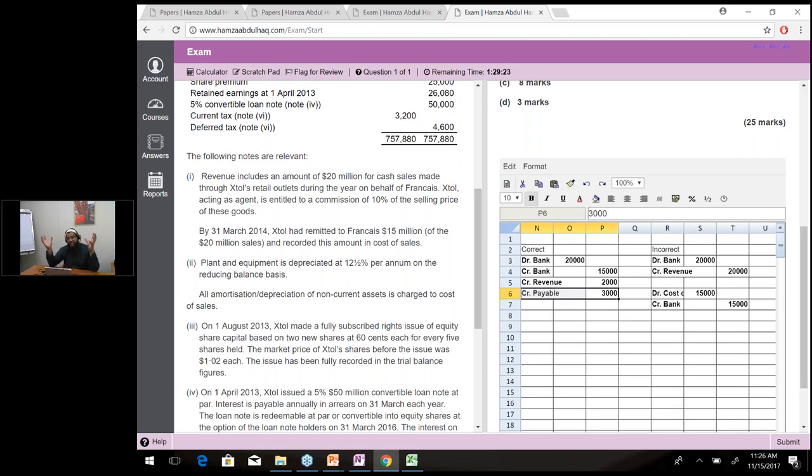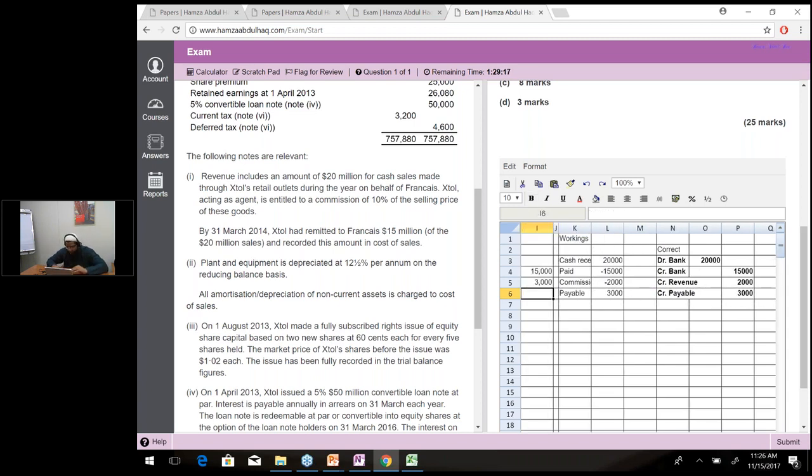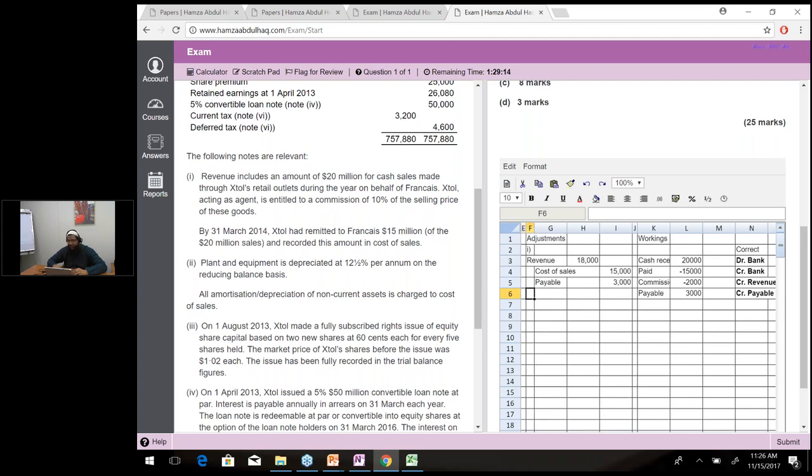So this is how the incorrect and the correct entry has been converted into the correcting entry that we have recorded in the question. So this was the adjustment number 1. Now we will be moving to adjustment number 2.